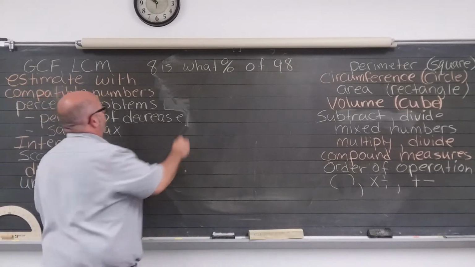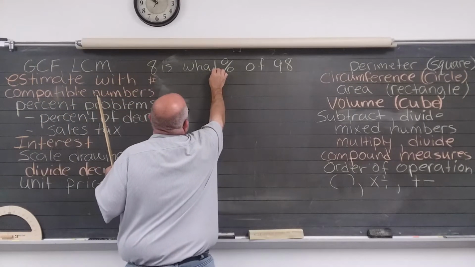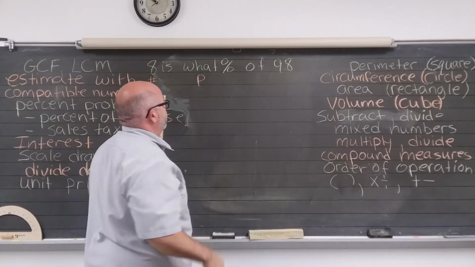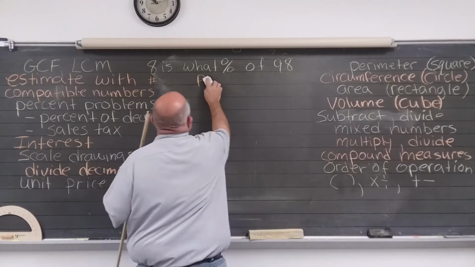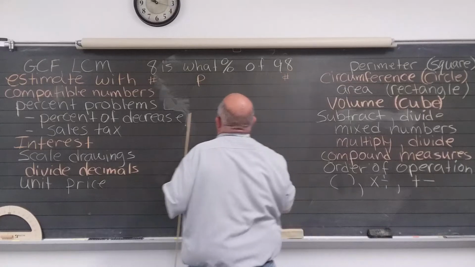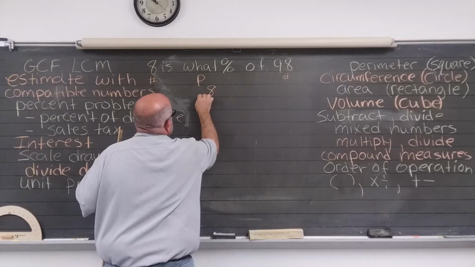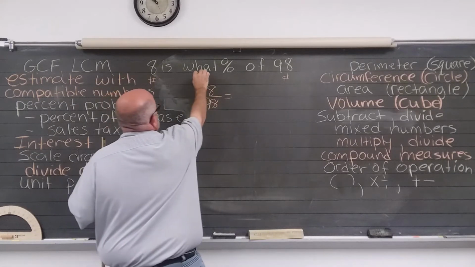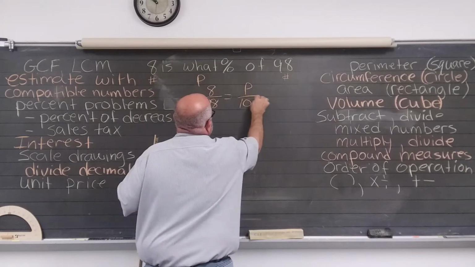So what are your numbers? 8 is a number. Your percent is the missing, your percent is P, okay? And 98 is a number. So number over number looks like this. 8 over 98 equals P over 100.